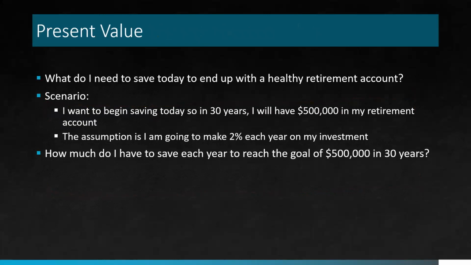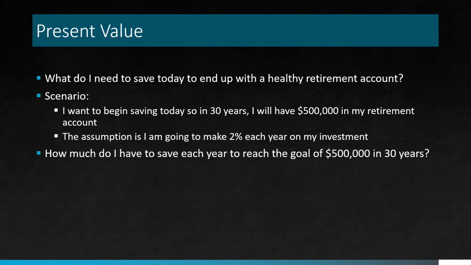So the present value answers the question of what do I need to save today to end up with a healthy retirement account? Or what do I need to save today to purchase the car of my dreams? Right, so here's a scenario. I want to begin saving today so that in 30 years, I reach a goal of $500,000 in my retirement account.